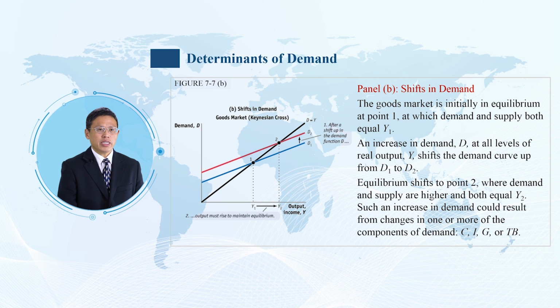This real depreciation causes TB to rise, and all else equal, it will increase demand D at any given level of home output Y. For example, Spanish consumers switch from foreign goods to American goods when US prices fall. This change causes the demand function D to shift up, as in Figure 7-7, panel B. The lesson: any change in P star or P will cause the demand curve to shift.